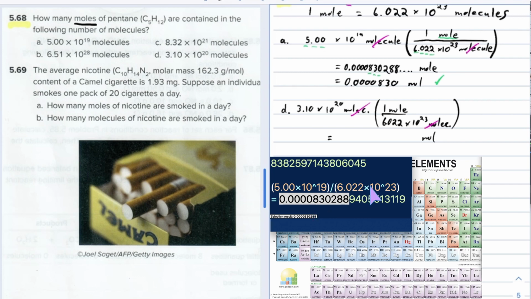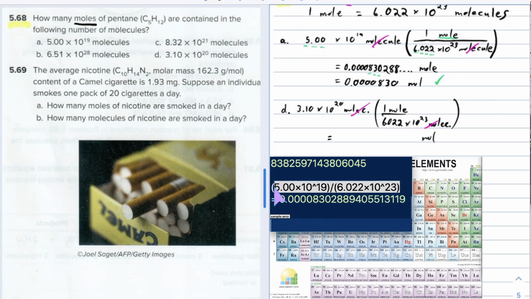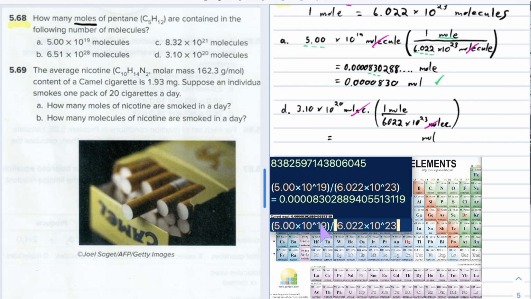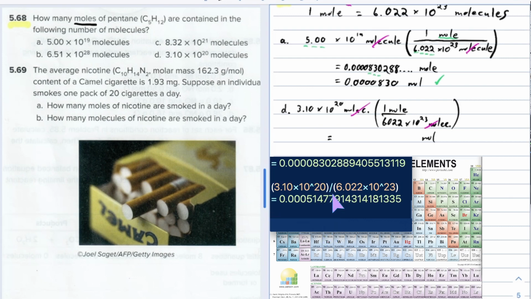And this time, let's just take that, let's copy it down. Let's change this to a power 20. Let's change this part to 3.1. There we go, 3.1 times 10 to the 20th. And there's our answer. 0.000514477.